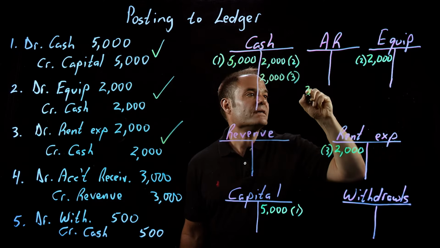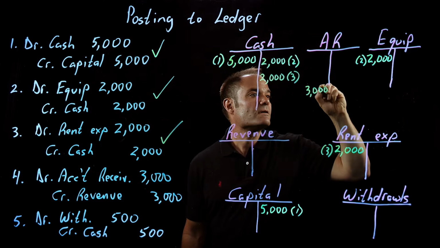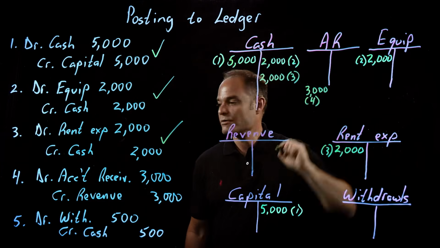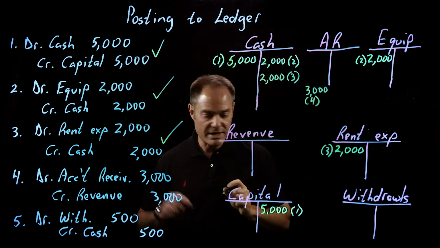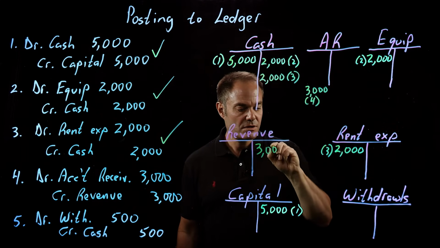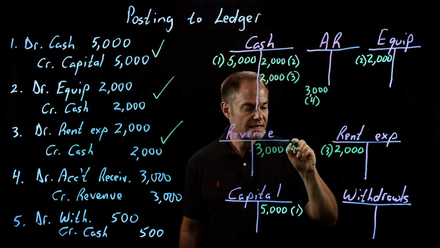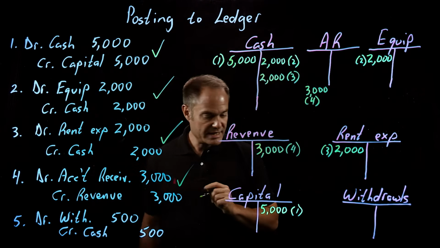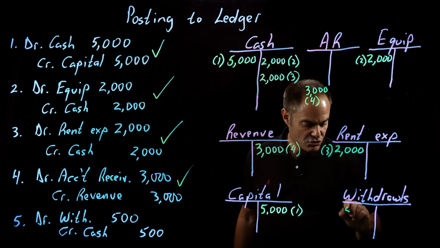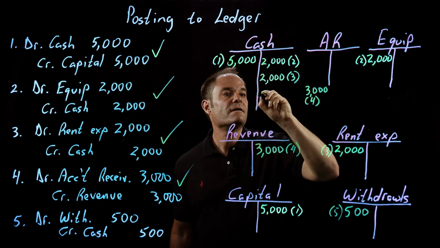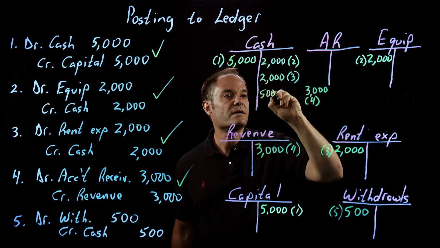I'm just going to write it down here just to give myself some room. And that's transaction number 4. And credit revenue, $3,000. Transaction number 4. Check it off. And then finally, we're going to debit withdrawals, 500. And we're going to credit cash, 500.